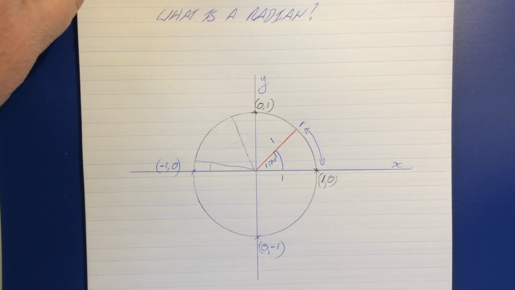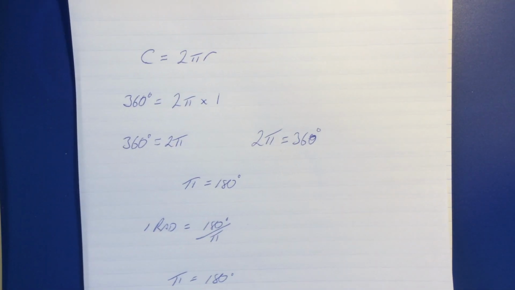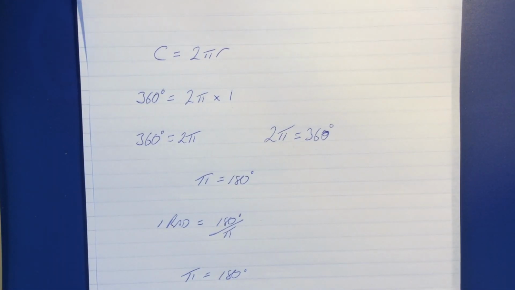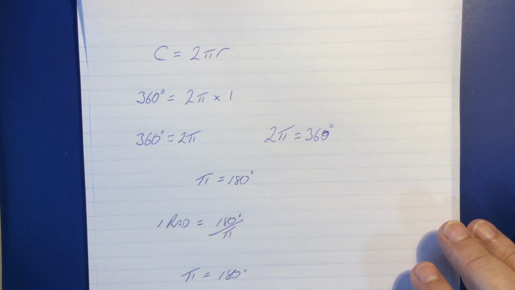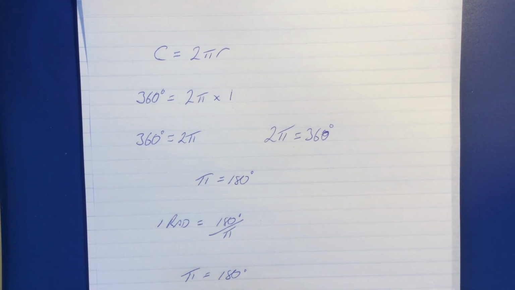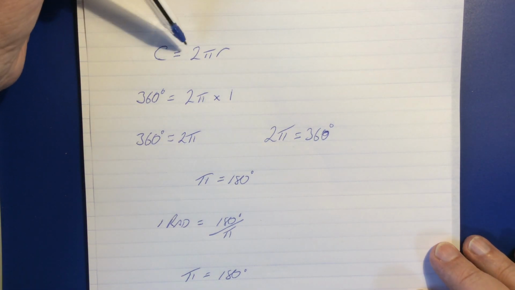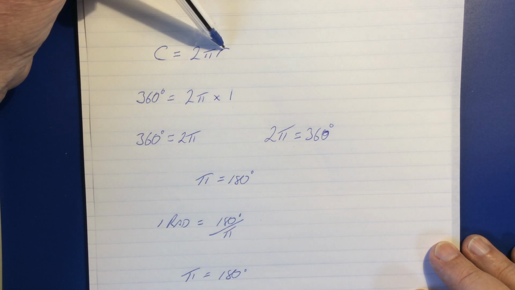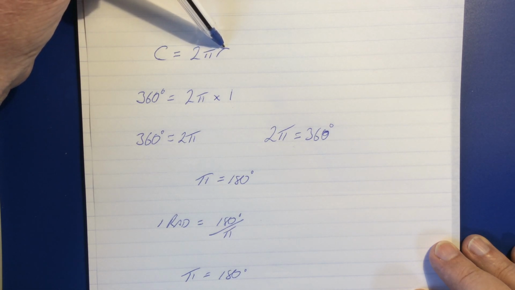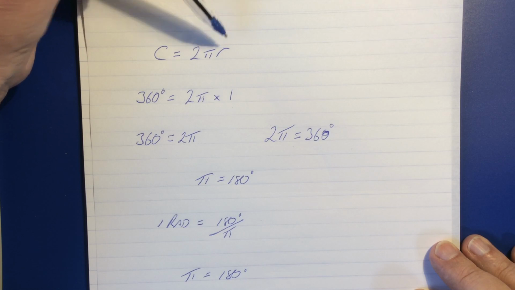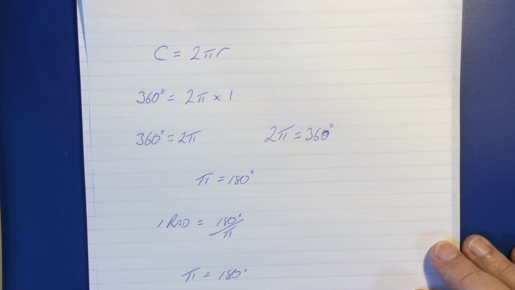Okay, well, here comes the rest. So if we think of a circle in terms of its circumference, the circumference of a circle is 2 pi r. 2 times pi times the radius. Radius, not radian, radius.